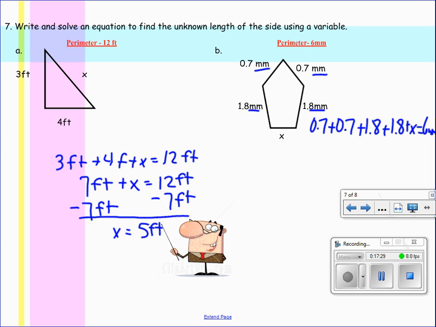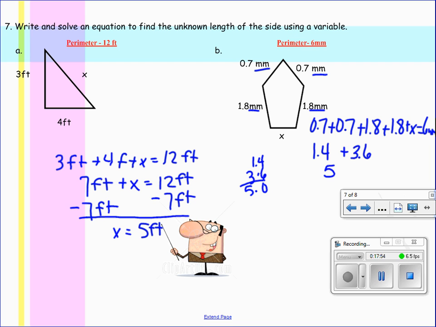So when you add, 7/10 plus 7/10 is 1 4/10. Then we'll combine the next two, 1 8/10 plus 1 8/10, which gives me 3 6/10. When you combine each of those, 1 4/10 plus 3 6/10, you get 5.